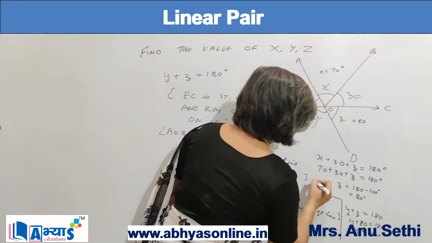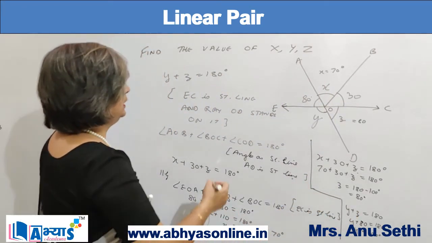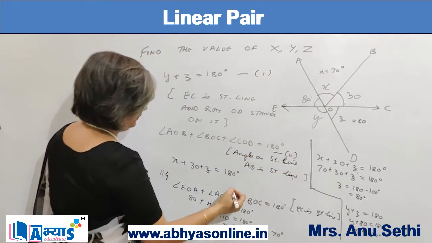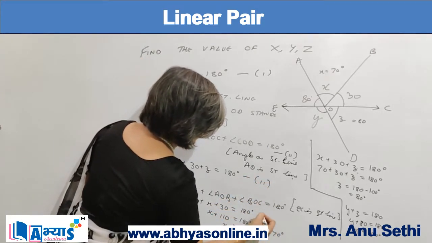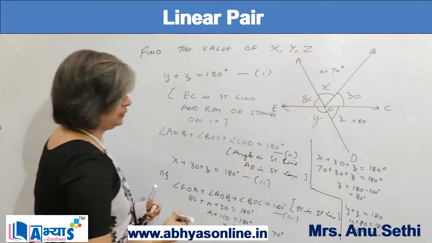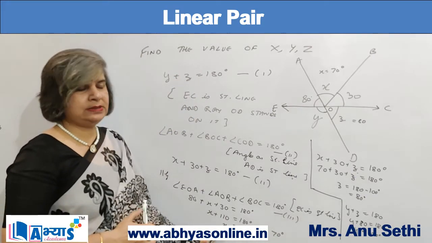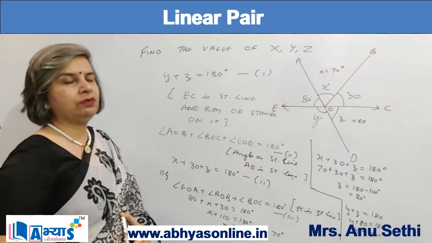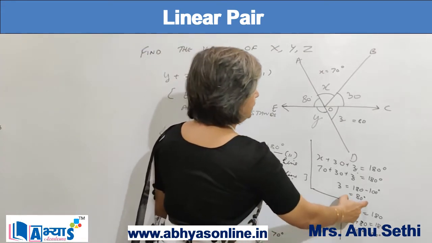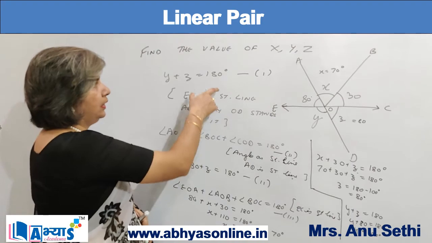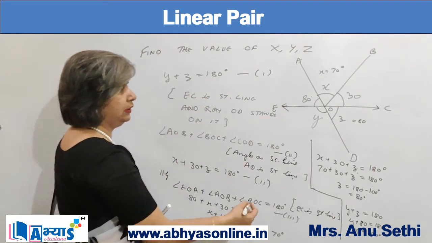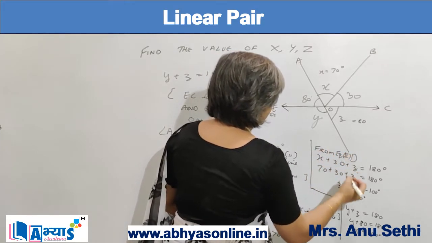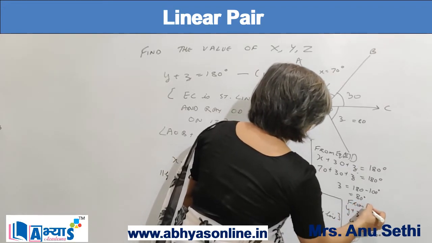So this is how we can find the different angles using the relations. If this relation is assumed as 1, this relation is 2, and this is relation 3. Using the third relation, we found the value of x, which came out to be 70, and using this value of 70 in relation 2, we found the value of z to be 80 degrees, and using the value of z in relation 1 we found y.